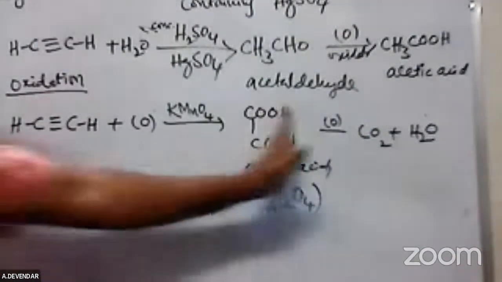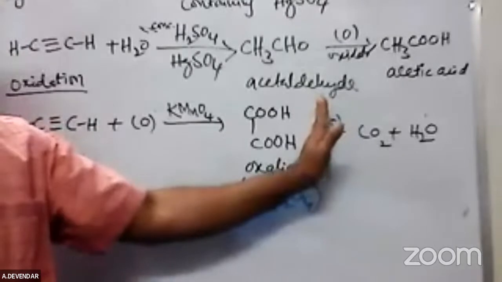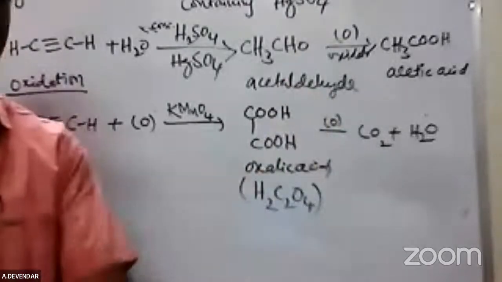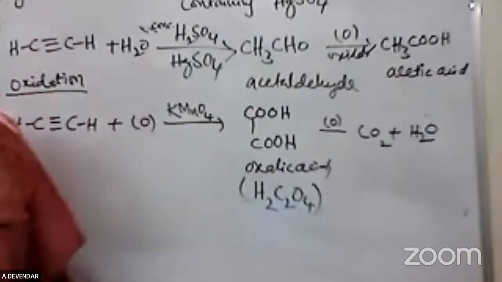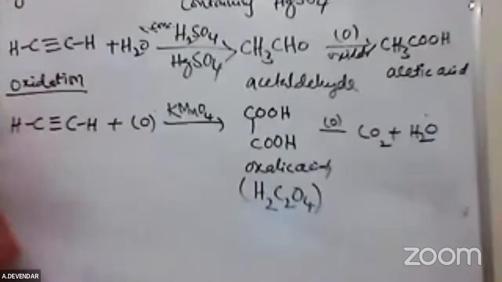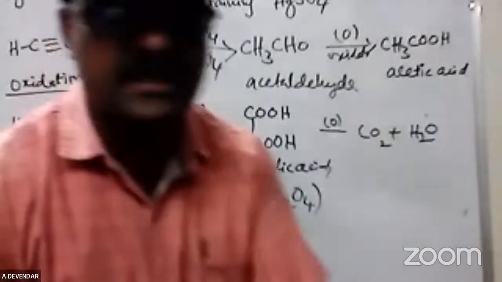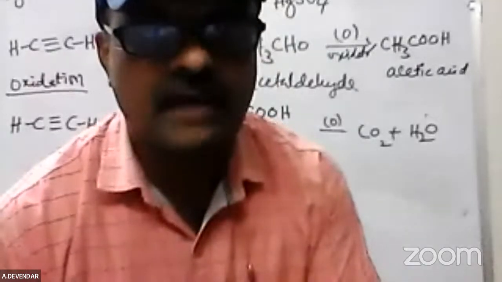But mostly up to this is enough. Why? Because from the examination point of view, how to prepare oxalic acid from ethylene, how to prepare acetaldehyde from ethylene, how to prepare acetic acid from ethylene, these are the important ones. These are the five properties out of all the properties we have.